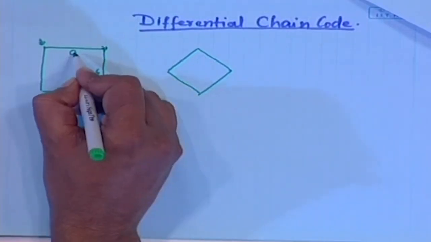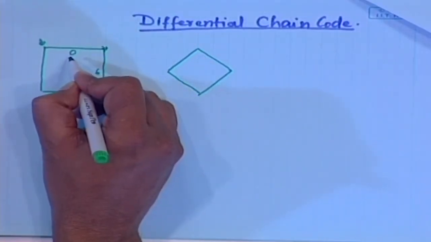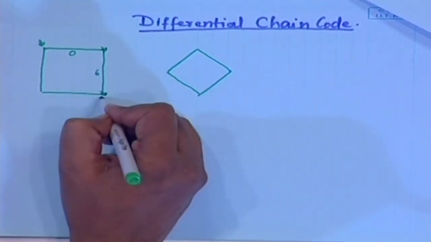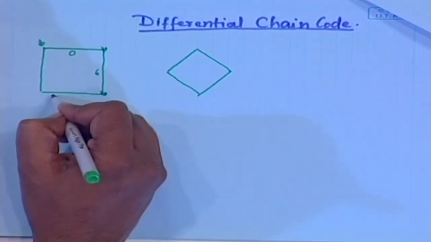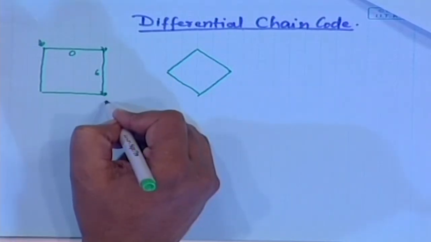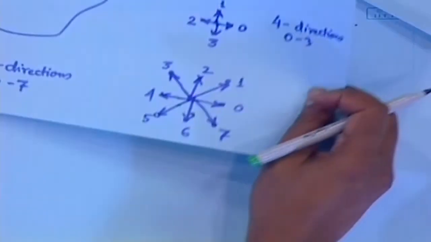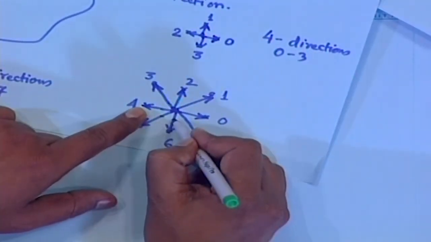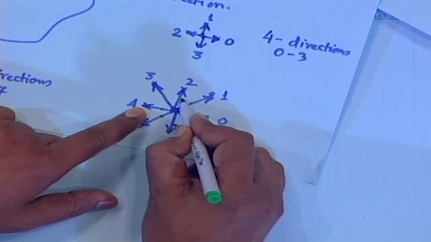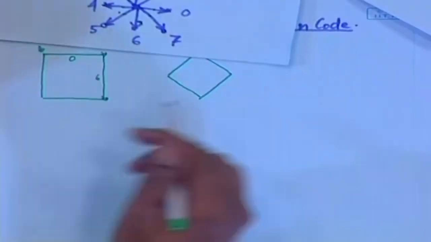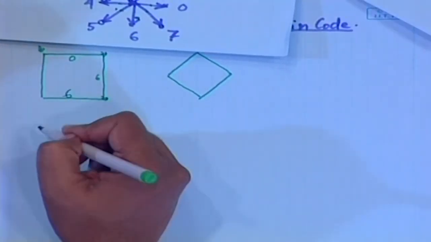However, to the first move I have not yet given any code. Now when I move from this to this, it was originally 6 and this is originally 4. So how many rotational steps do I have to perform? Number of steps will be 1, 2, 3, 4, 5, 6. So this also becomes 6.